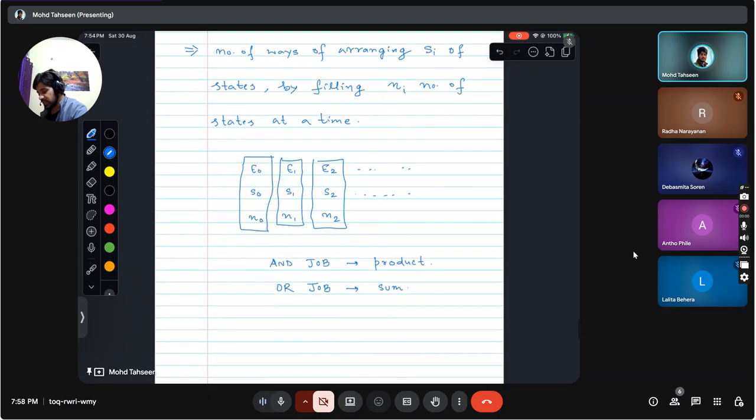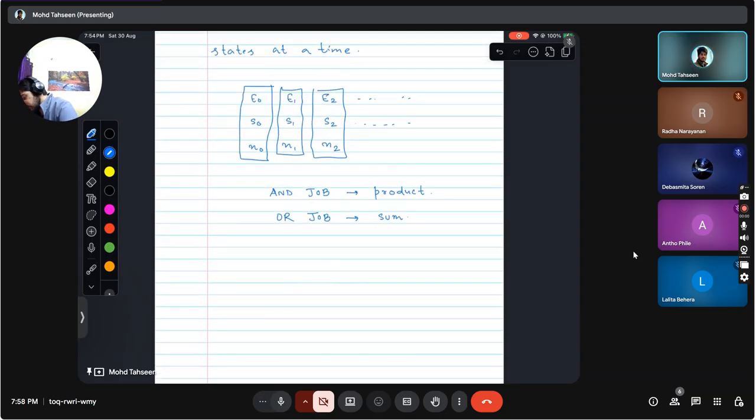So in this case, since we have to do every job, we have to fill each state, we will take a product of all the individual probabilities. So what we get is omega n bar is equal to omega n1 times omega n2, and so on up to omega nr.